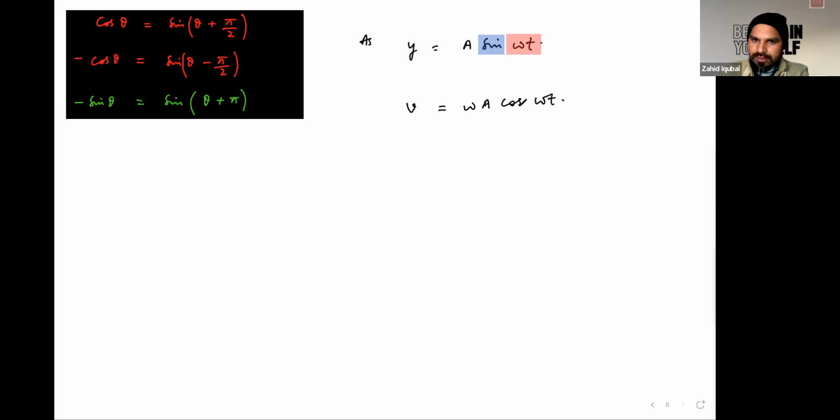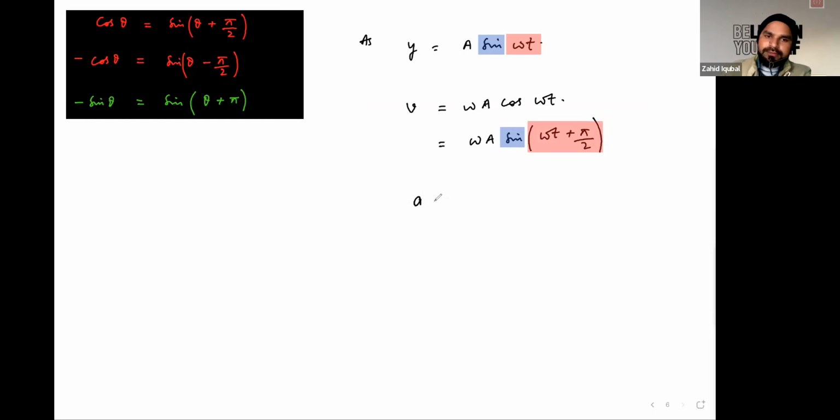First we have to convert this cos into sine to find the phase. We have plus cos theta in this part. So according to the first rule, we may write omega a cos omega t as omega a sine of omega t plus pi by 2. Now we have the sine function, and the phase attached to this part is omega t plus pi by 2.